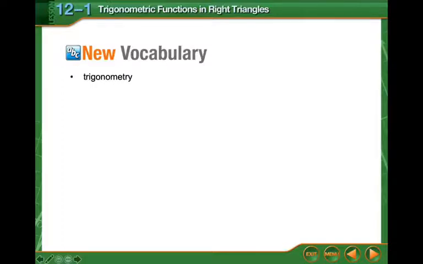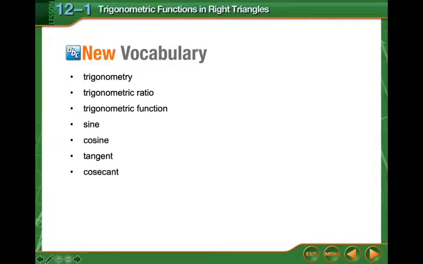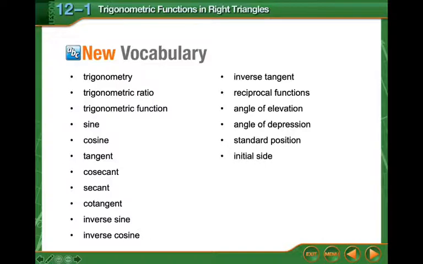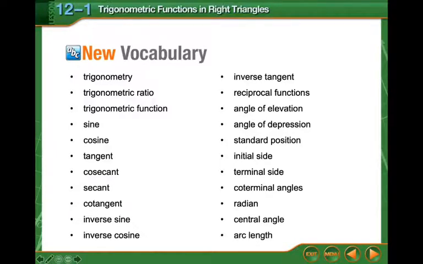So we're going to see trigonometry, trigonometric ratio, trigonometric functions, sine, cosine, tangent, cosecant, secant, and cotangent, inverse sine, inverse cosine, inverse tangent, reciprocal functions, angle of elevation, angle of depression, standard position, initial side, terminal side, coterminal angles, radian, central angle, and arc length. Lots of new words to see today.